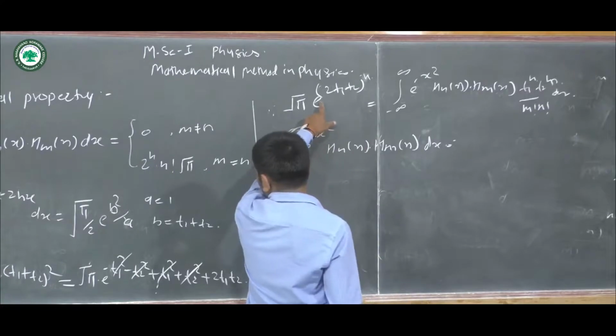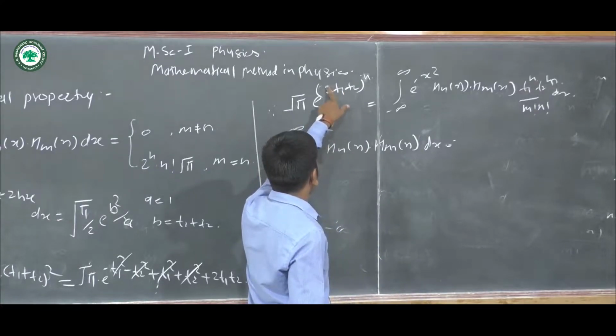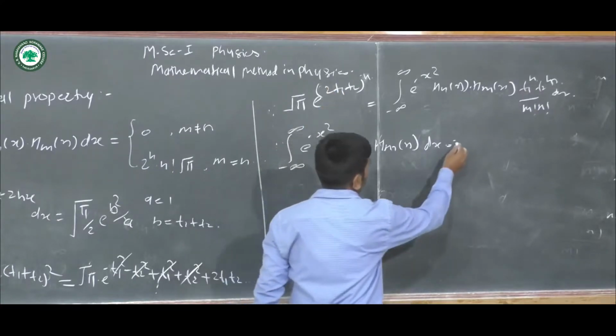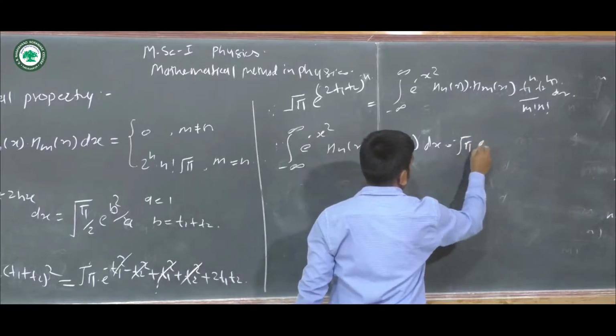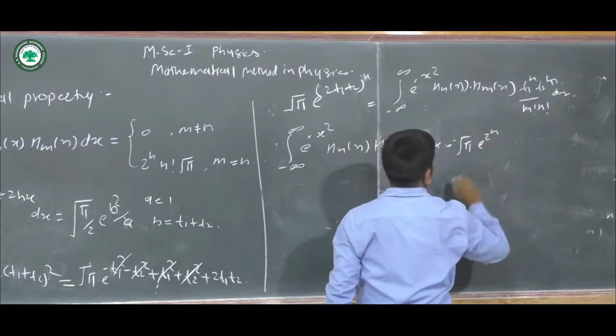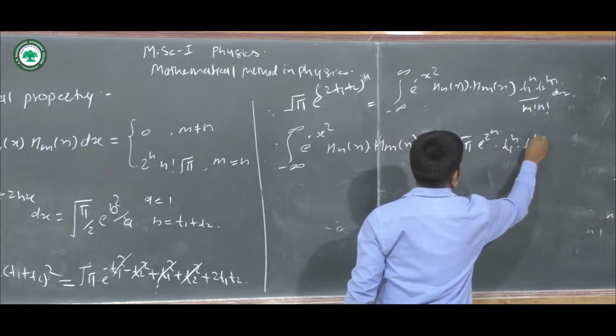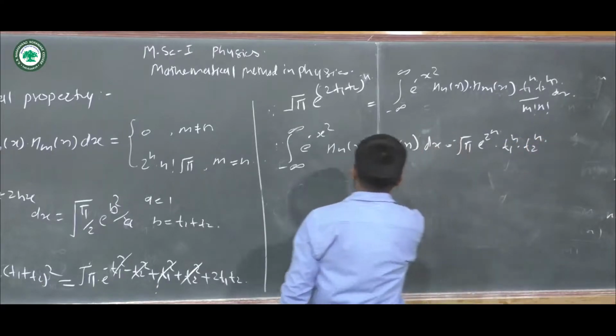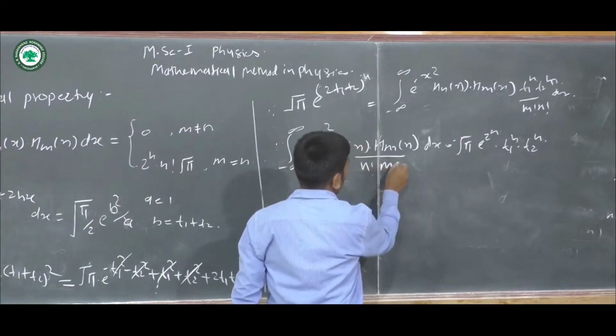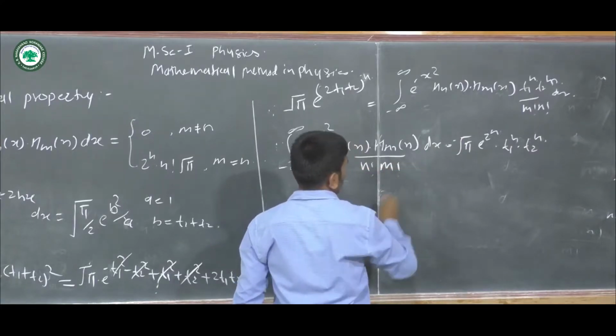So this thing, 2 power n like this, under root pi e raised to 2 power n into t1 power n, and here that is n factorial and m factorial, okay.